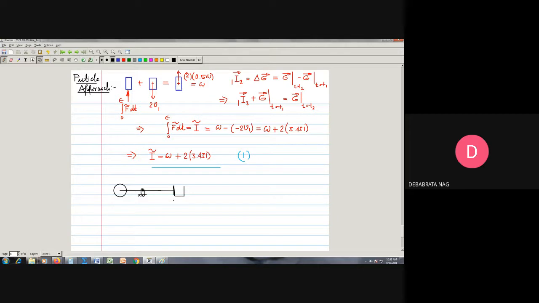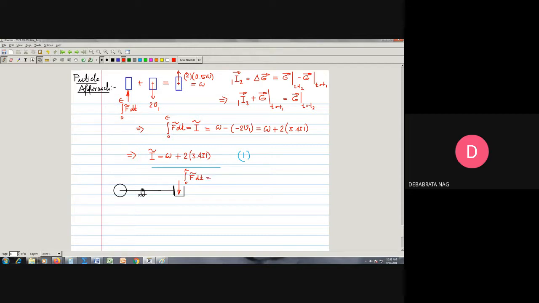In this case, there is an impulsive force, F tilde. So we can show this F tilde force directly here. And the impulse of it, I can write as integration from 0 to epsilon F tilde dt.